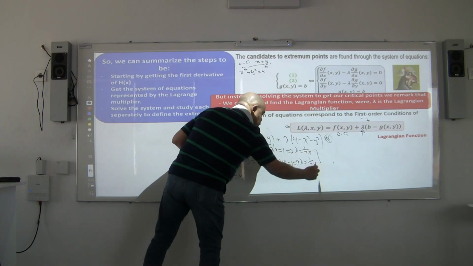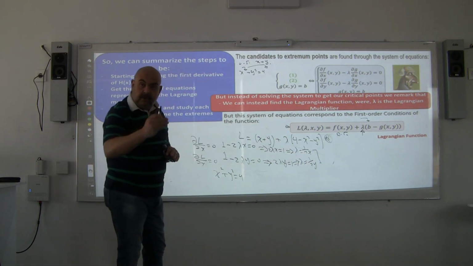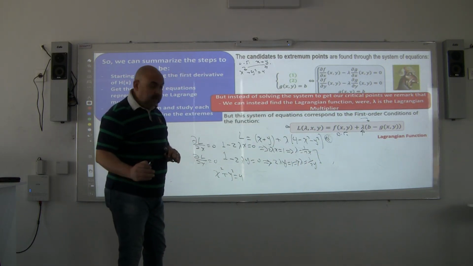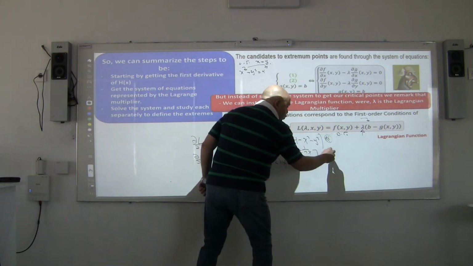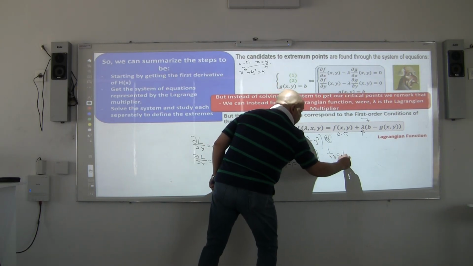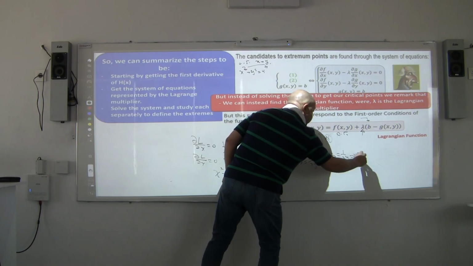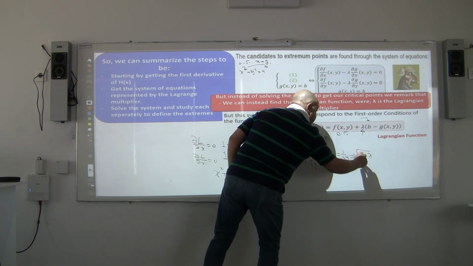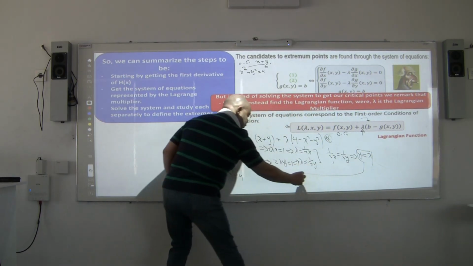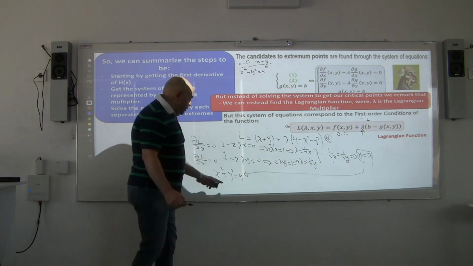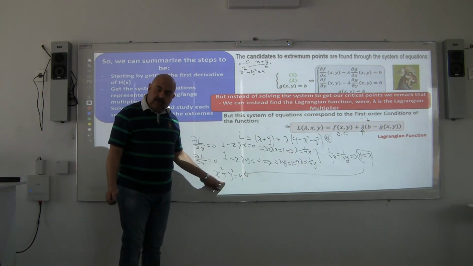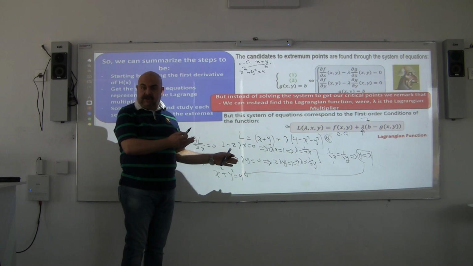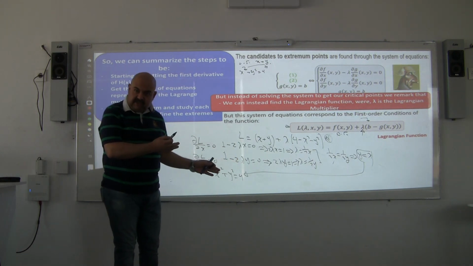So 1 over 2x is equal to 1 over 2y, that's y equal to x. Once you have y equal to x, I will substitute it in x squared plus y squared, and I will get a similar result to what I had previously.